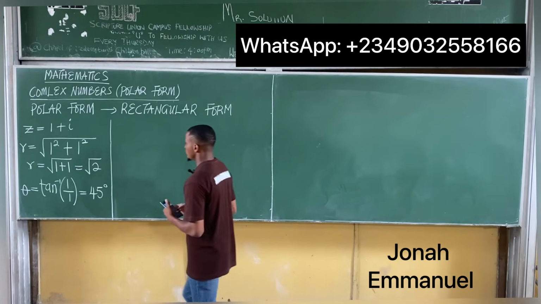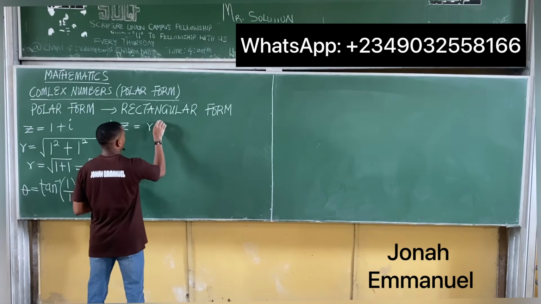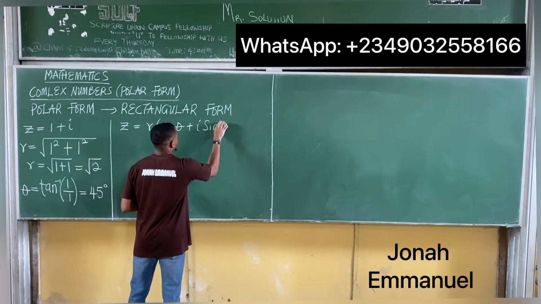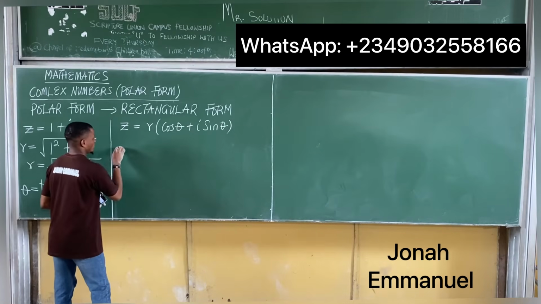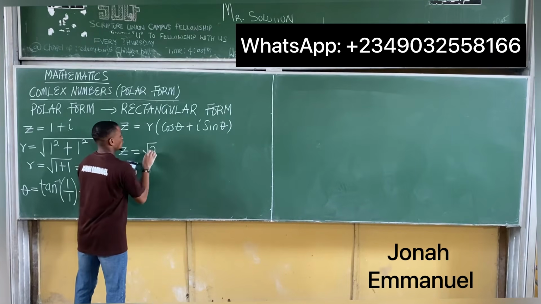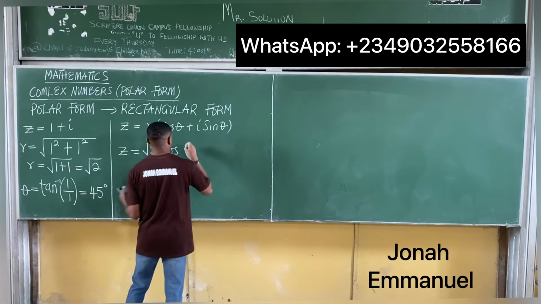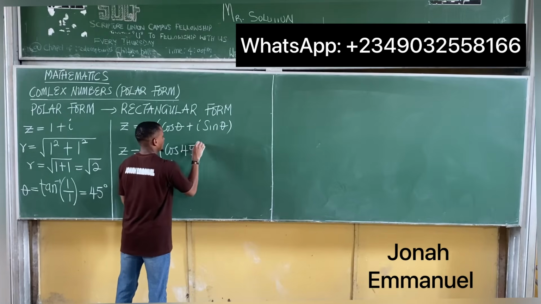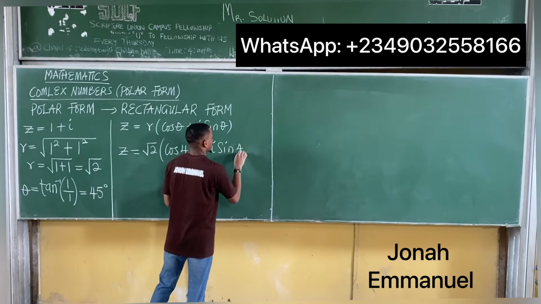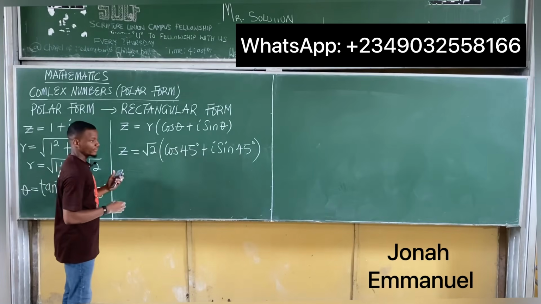Therefore, in polar form, z will be equal to r into cos theta plus I sine theta. So z is equal to root 2 into cos 45 degrees plus I sine 45 degrees. This becomes the polar form representation of this complex number.